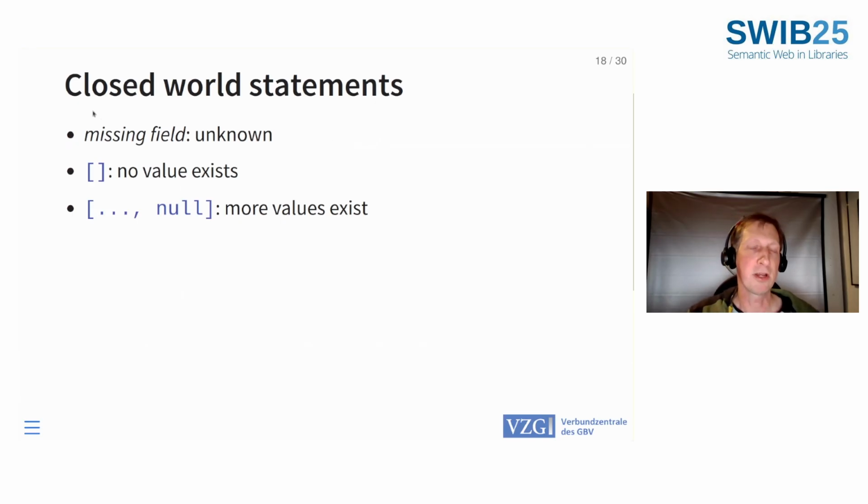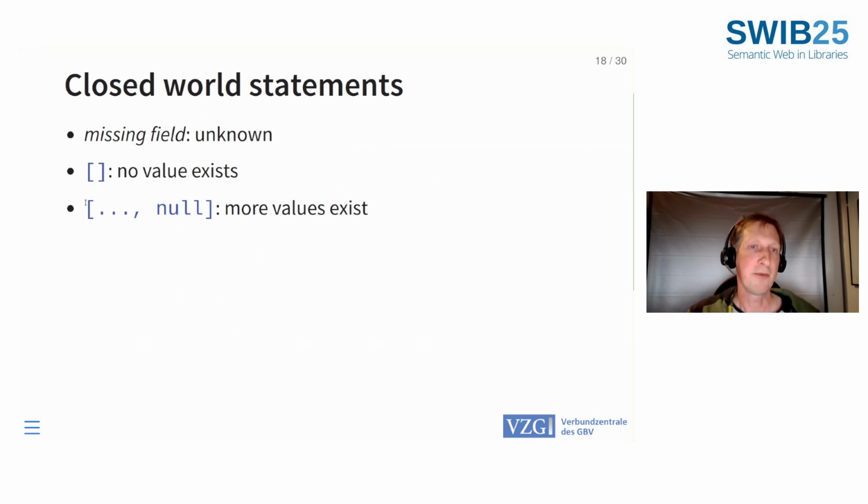But if the value is repeatable, we can also give an empty array, and this means there is no value. For instance, if you show the narrower concepts in a hierarchy and it's an empty array, then it's a leaf concept. There are no narrower concepts.